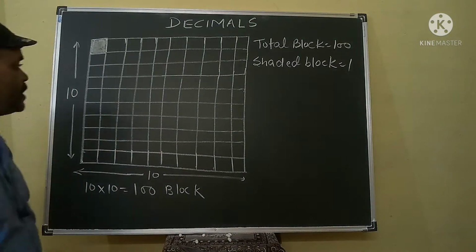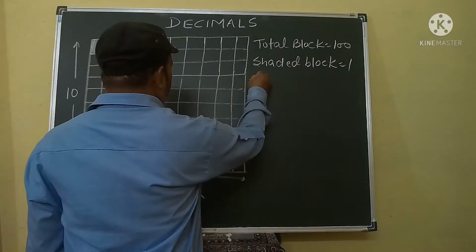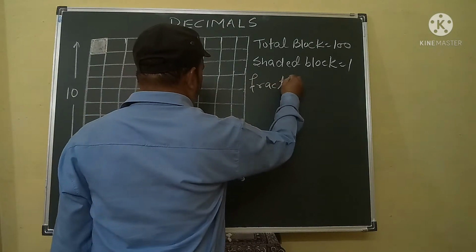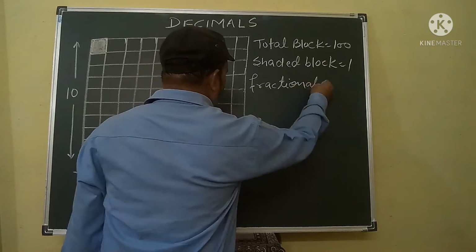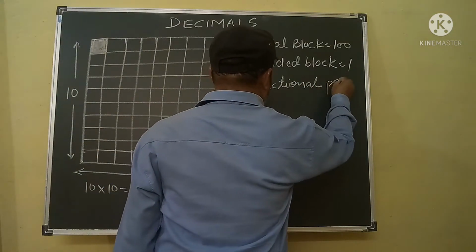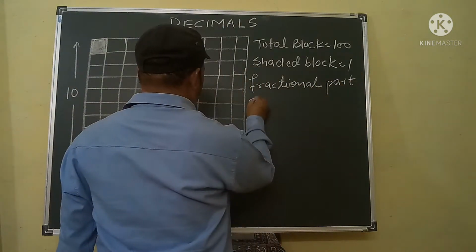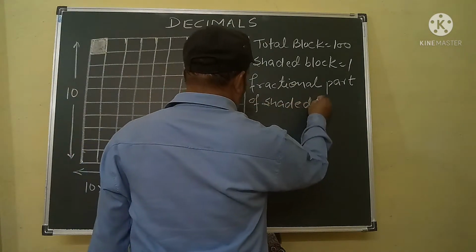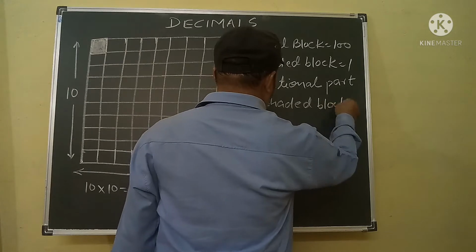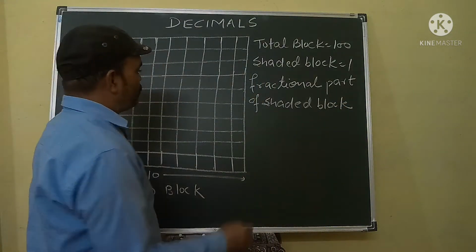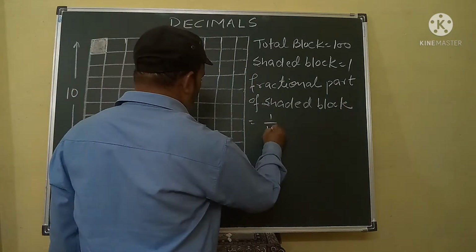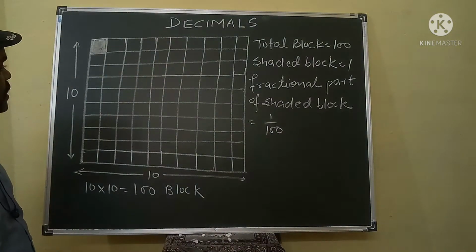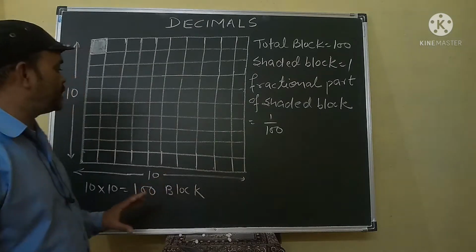Shaded block is 1, and the fractional part of shaded block is 1 upon 100.